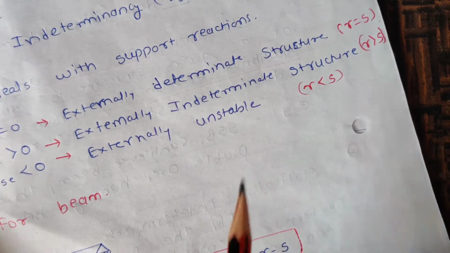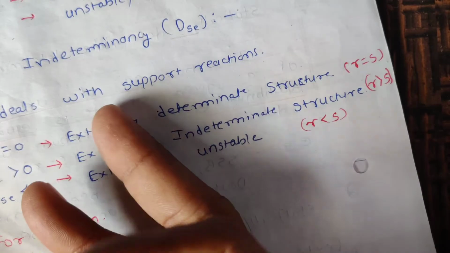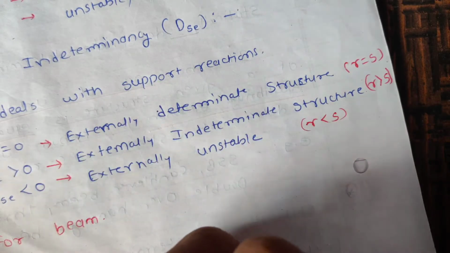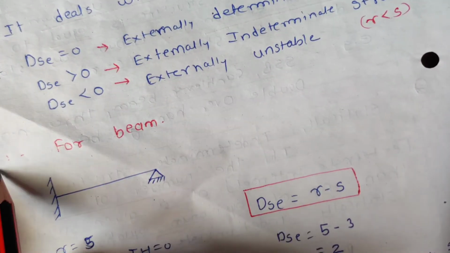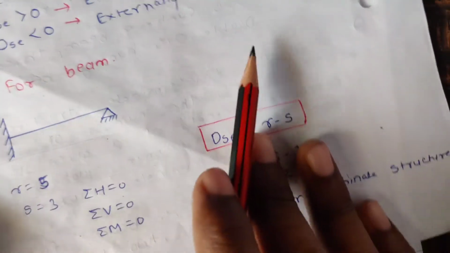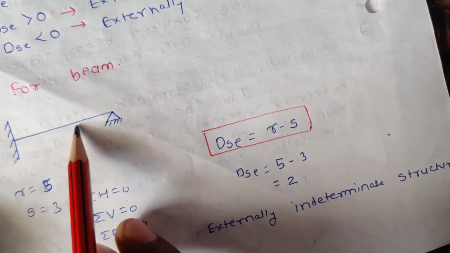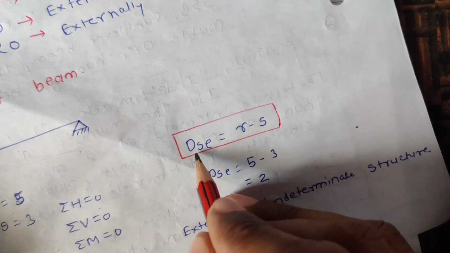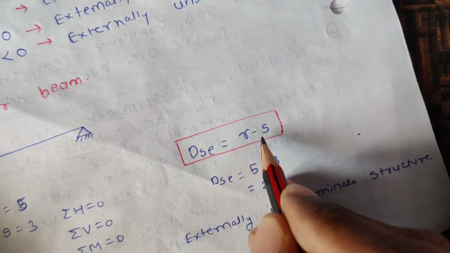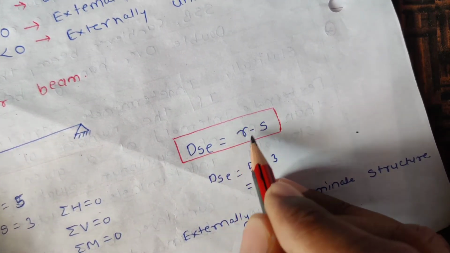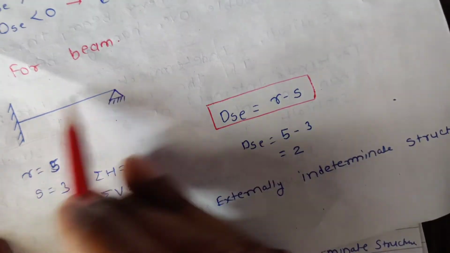Here, externally and internally, we discuss three cases: beam, rigid joint and pin joint. Number 1, beam. Let's consider one example: fixed support, hinge support, whose formula is DSE is equal to R minus S. R is the number of reactions, S is the equilibrium conditions.